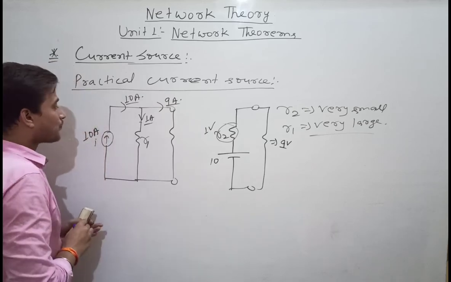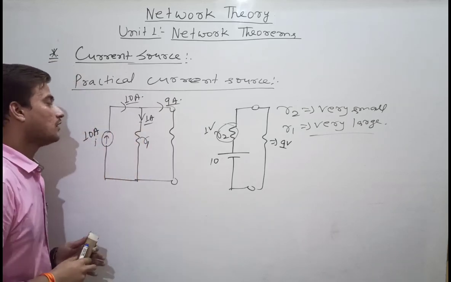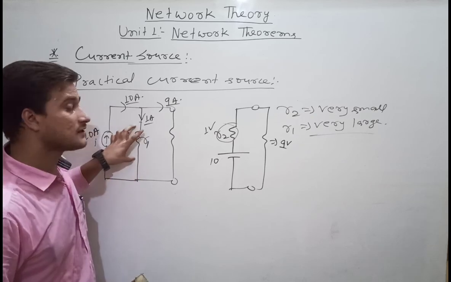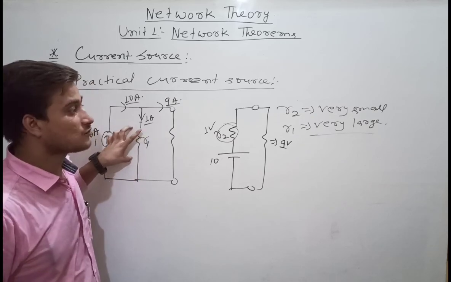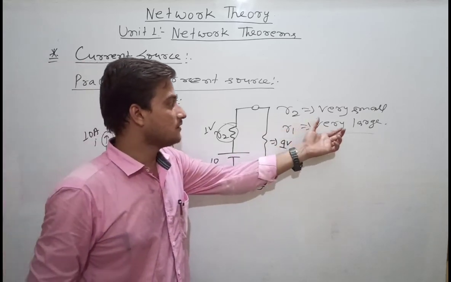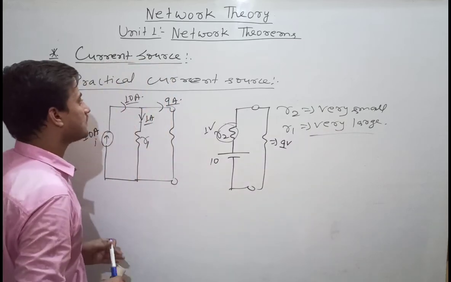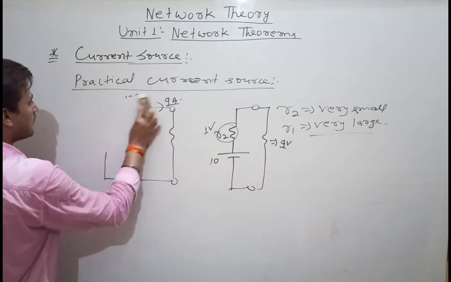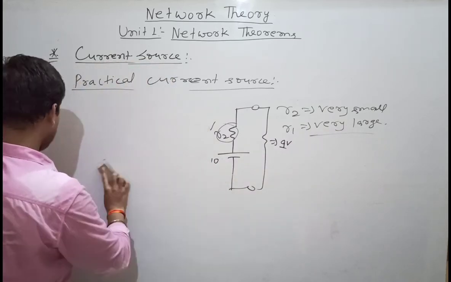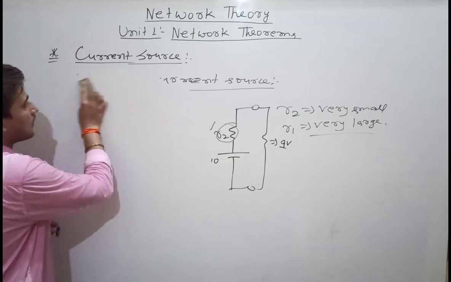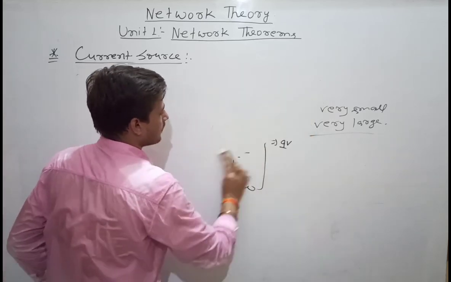Now here the current should be small. If current should be small, then resistance should be more. So this is the reason behind this. Clear? So this is the practical current source. Clear?